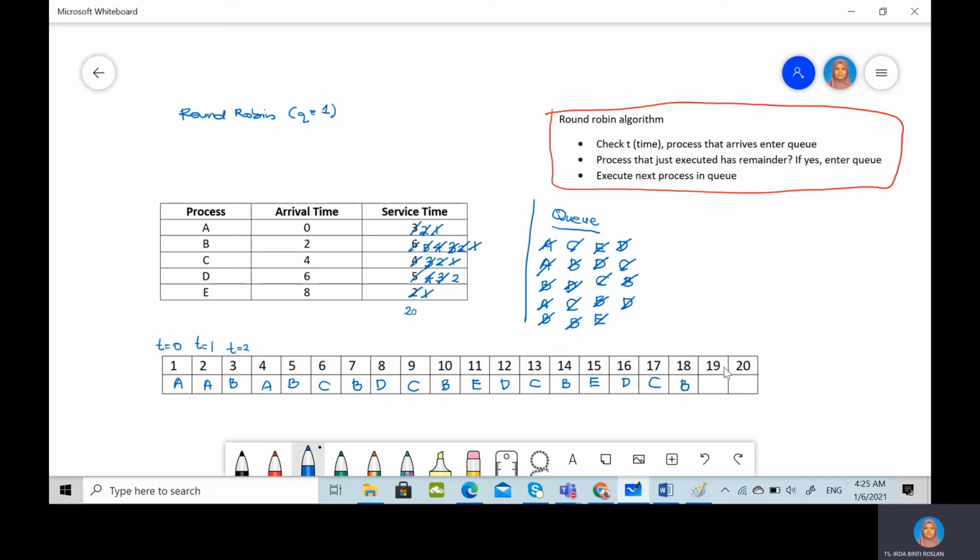And then finally we run D. D has another one remaining, so put it in Q. And then finally run the last service time for D. Okay, so this is how round robin works. You can cross check the answer with the one in the lecture slide notes, and you will get the same answer.